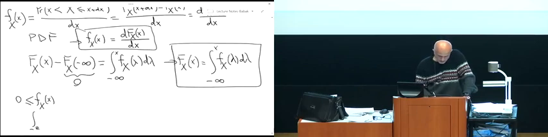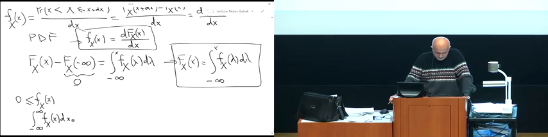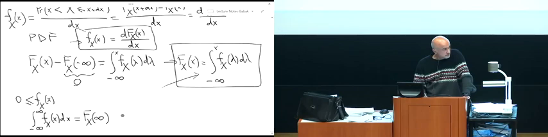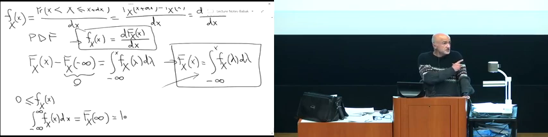What can you tell me about this here? Can you write this in terms of the CDF? Isn't that just F_X at infinity? And what is that? 1. So the PDF must integrate to 1, just as the PMF, its discrete counterpart, had to sum to 1.